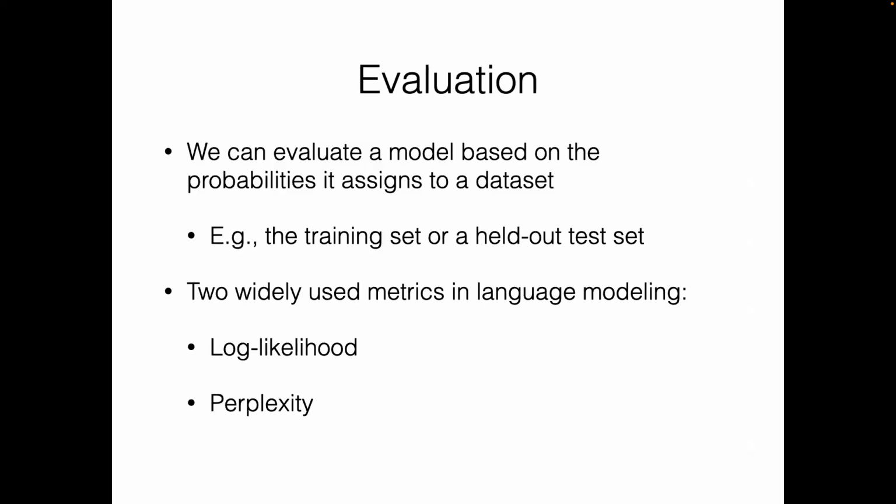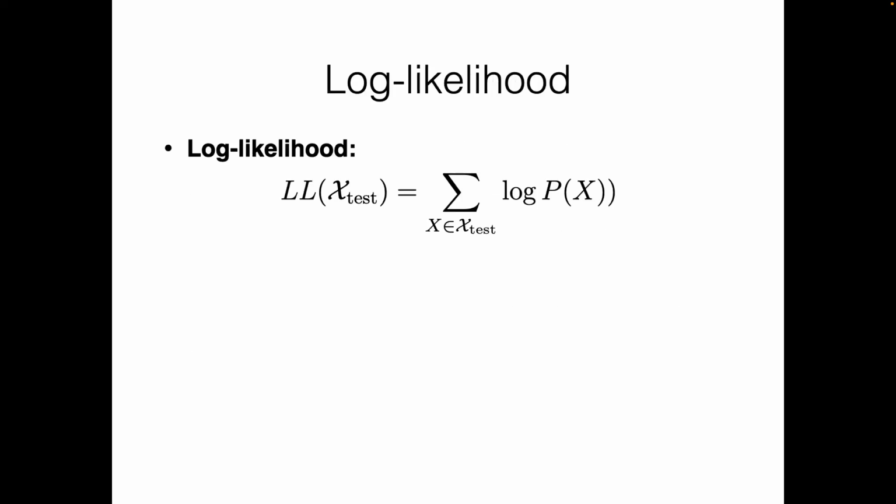So here, the two metrics that are used widely, and they're actually connected, are the log likelihood and the perplexity. Log likelihood is basically what it sounds like.